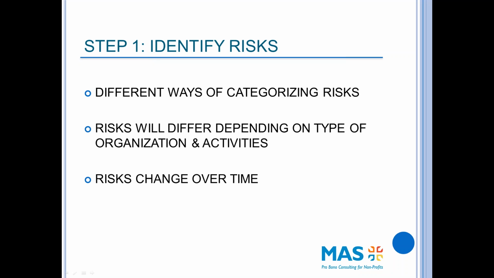And the third thing to keep in mind is that risks change over time. Your organization changes, the kinds of things that you're doing changes, and the broader environment changes. So that's another reason that this isn't sort of a one-time exercise, because risks do change over time.